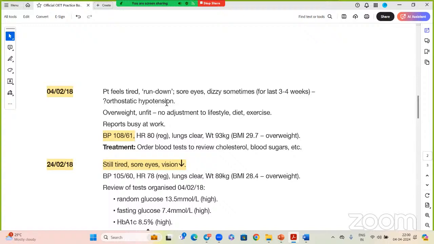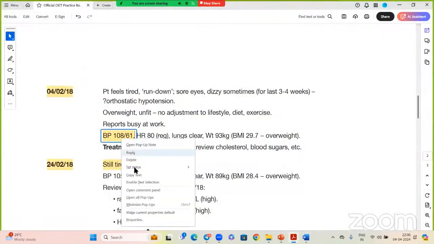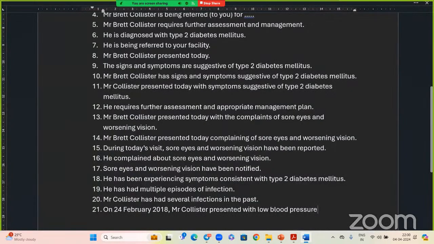So that you can write in brackets. What is that? 108/61. Copy text. Brackets. Okay, like that you can write. Low blood pressure 108/61.